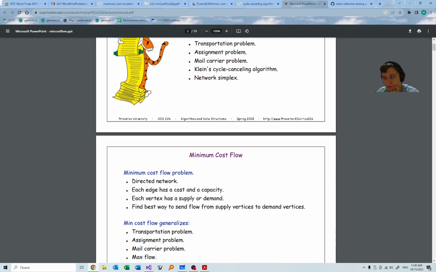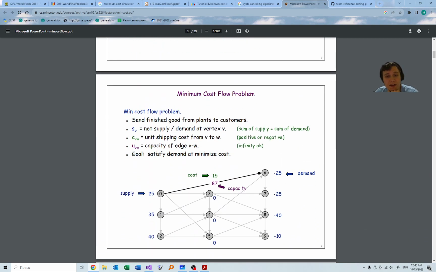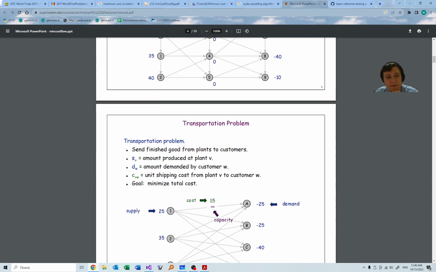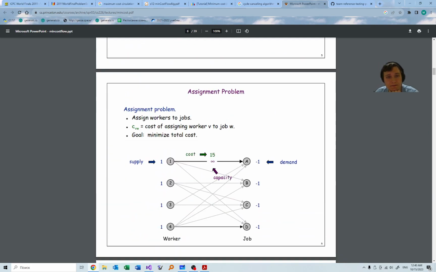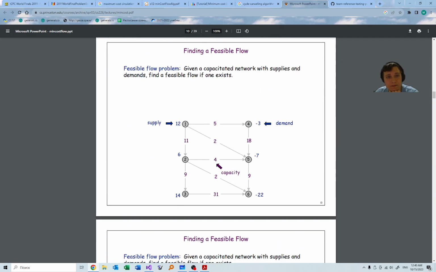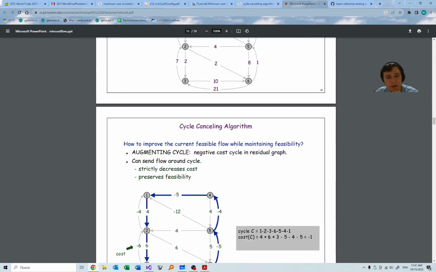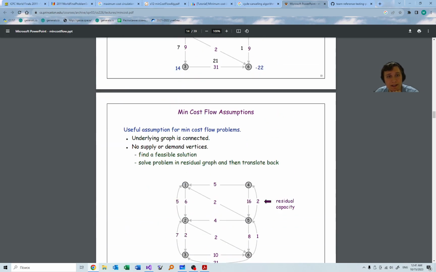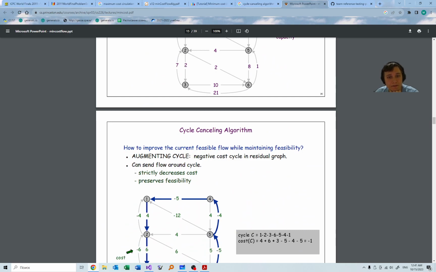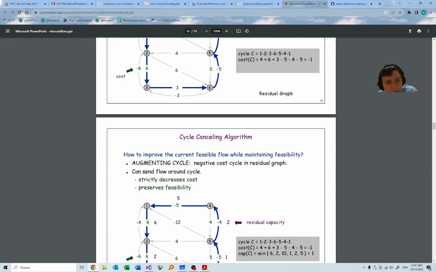A tiger will solve the problem for us. Oh, cycle canceling algorithm: negative cost cycle in a residual graph. How?